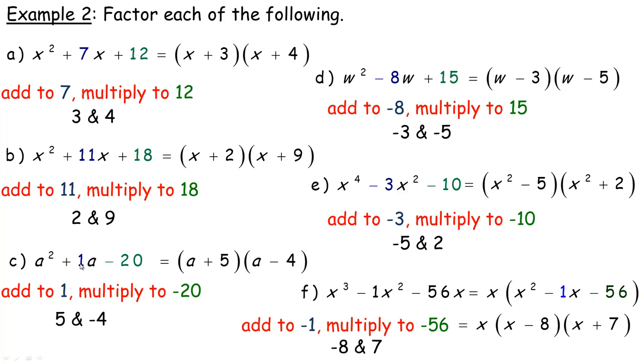Now I want to draw your attention to one thing before I finish here in F and C. In both of those, the coefficient in the middle was really close to 0. This is 1, that's a -1. And notice in both cases the two numbers are very close to being opposites.